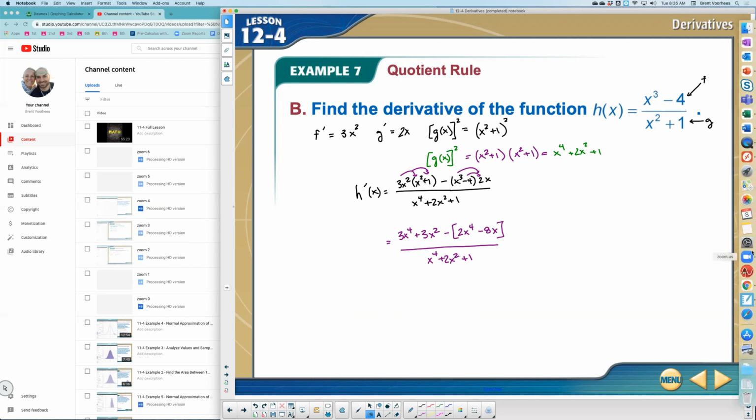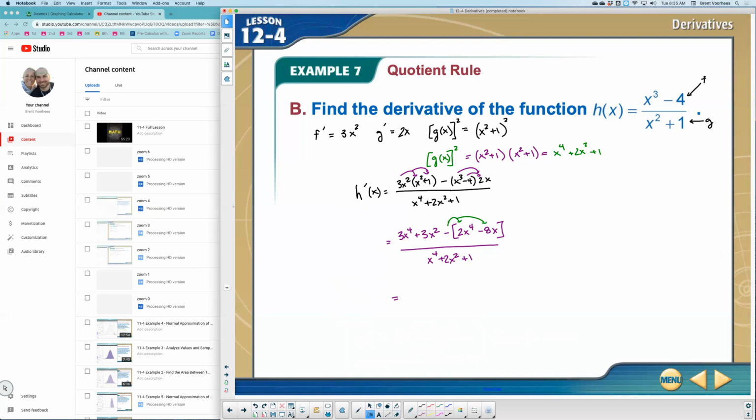And so here comes the standard form. I can see I'll have 3x to the 4th minus 2x to the 4th, which will leave me with 1x to the 4th. And so again, let me change colors here so you can see I need to distribute the negative there and here.